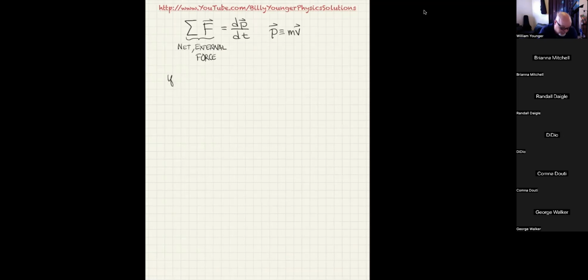So if m equals a constant, and I mean a constant in time, then the summation of the forces is equal to d by dt of mv, which equals m times dv dt, which equals ma.